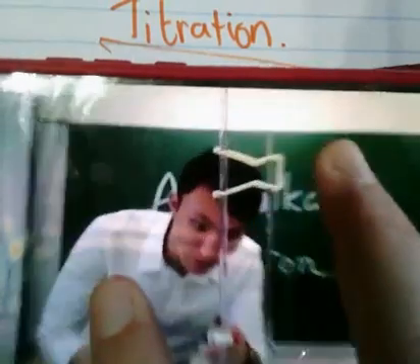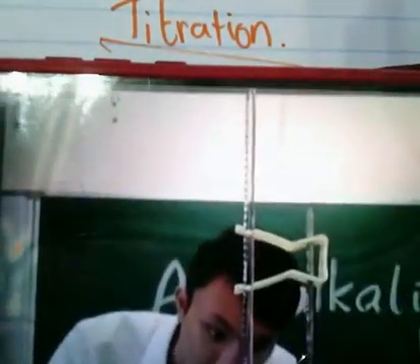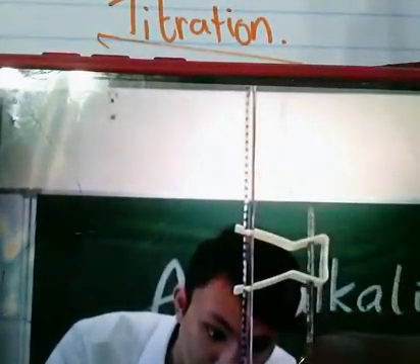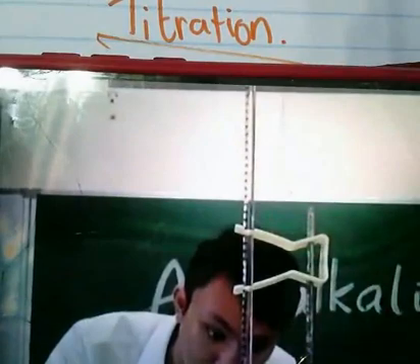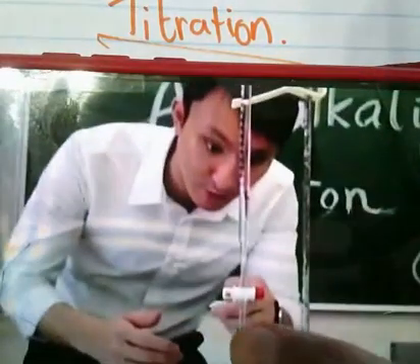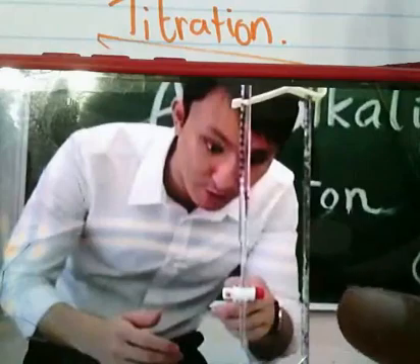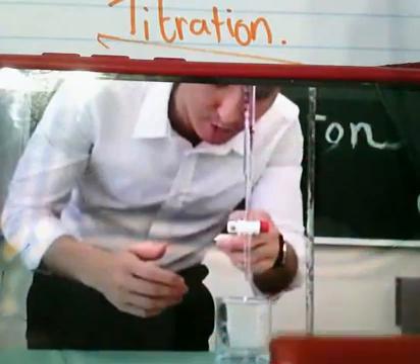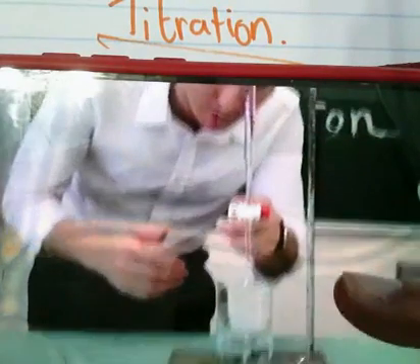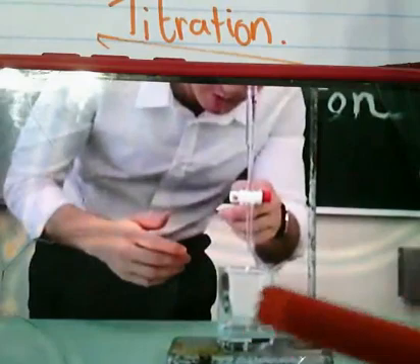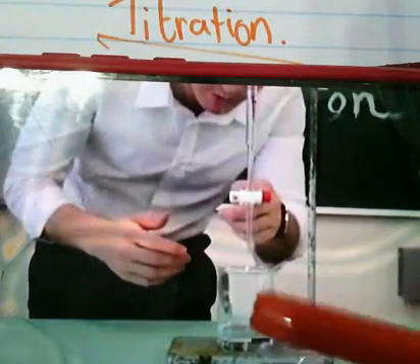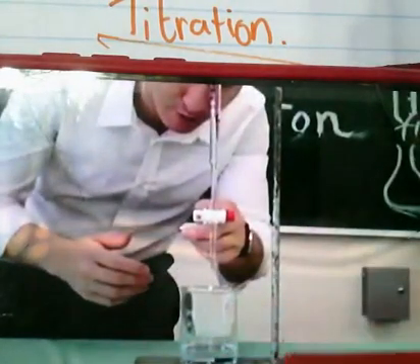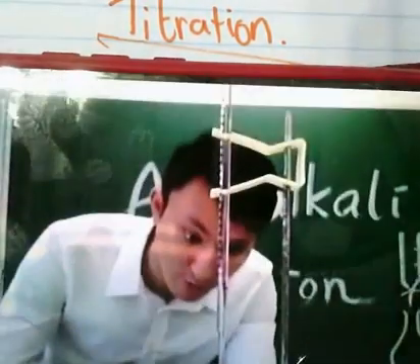Underneath the burette, we would have a beaker, a measuring beaker in which you can also measure volumes. And then this thing that holds the burette is called a retort stand. Okay. So inside this beaker, we would usually put the acid, and in the burette, the base that we are going to titrate with.